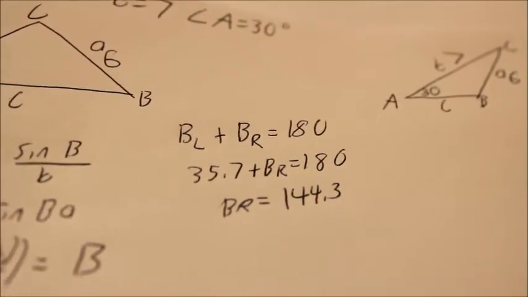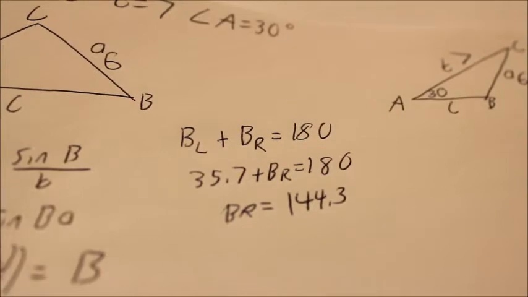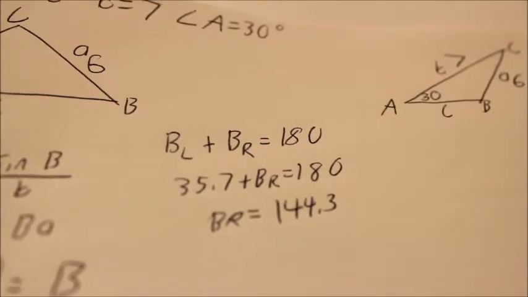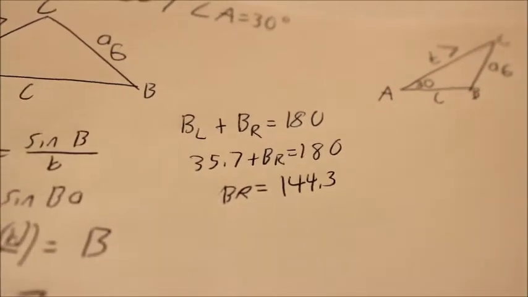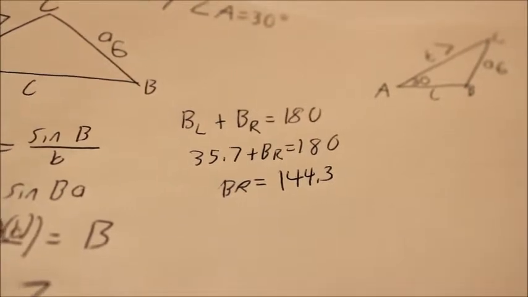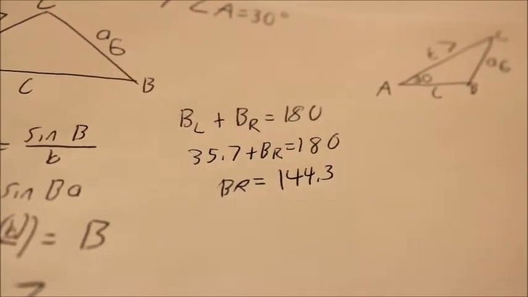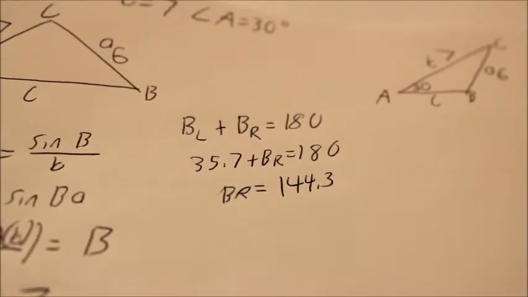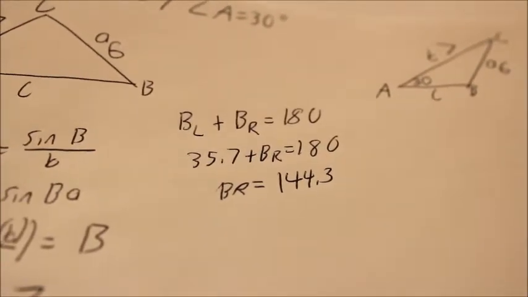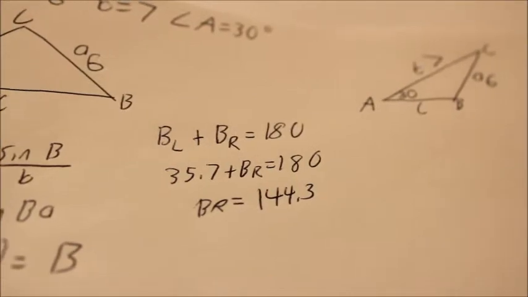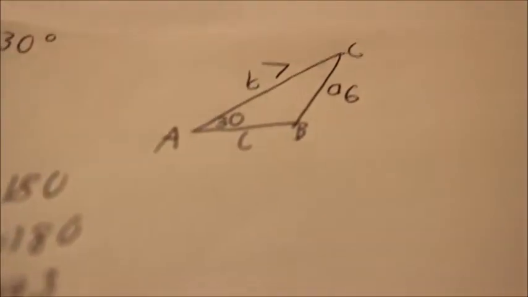In other words, B of the left plus B of the right equals 180, as stated here. Since we just gathered what the left B was, we can find that 180 minus the left B would equal the right B, which will give us 144.3 degrees for the obtuse B of the right ambiguous triangle.